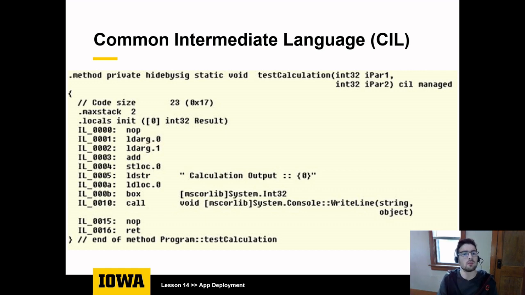But this is what that intermediate language looks like. It's not so nice. This is not something a programmer would typically want to work with directly, at least not from my perspective.